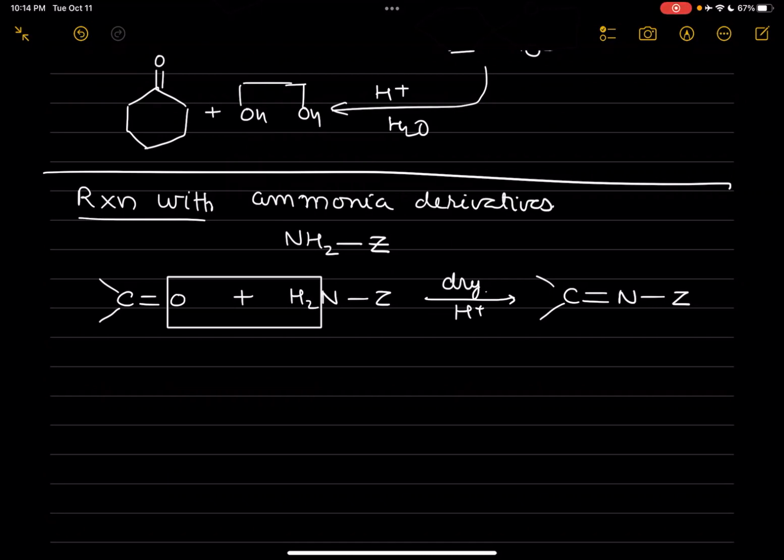Yeah, we will be able to get back the original product. C double bond O and NH2. In some of them, this may break further. So in some of them, you may not be able to get back the original products. Okay, but you are going to get back your ketone. Yes, sir. Right?